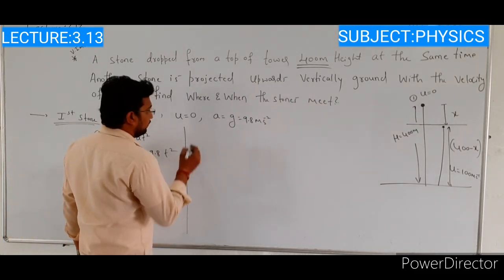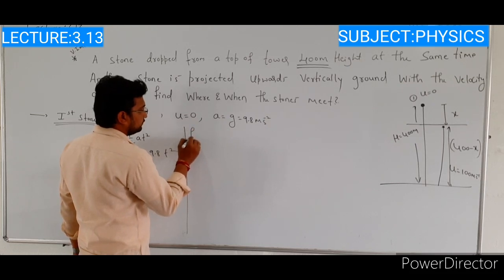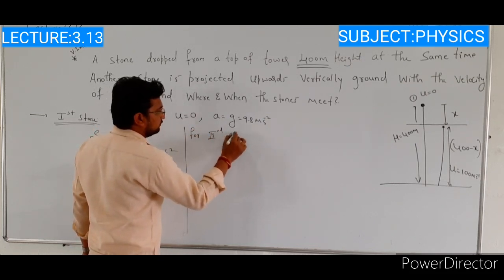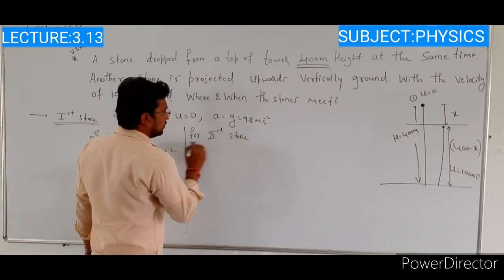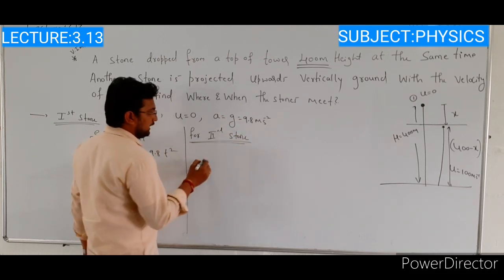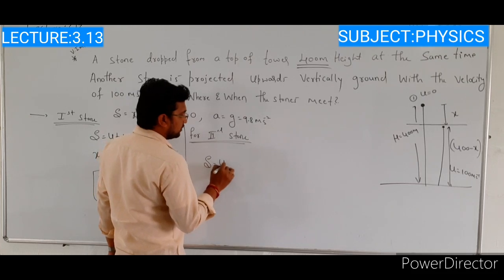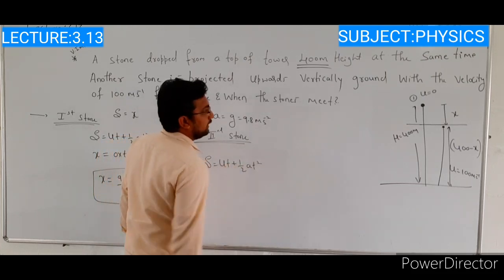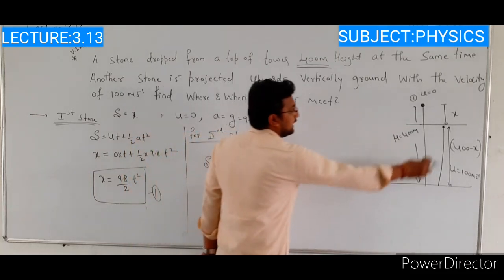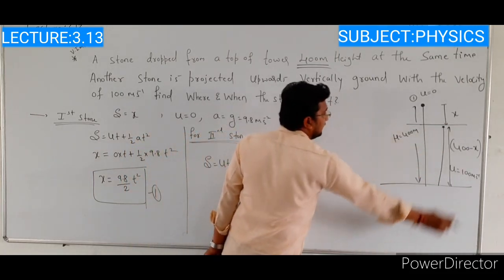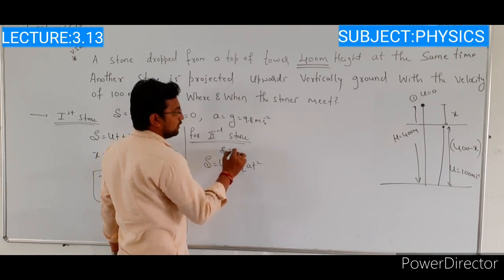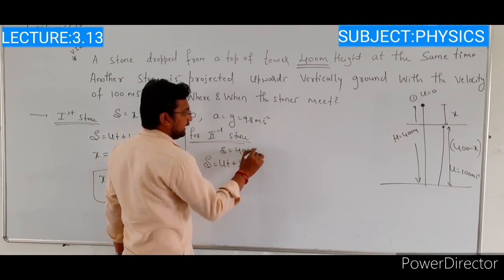The next one, for the second stone. Here again we use the same equation, s is equal to ut plus half a t square. The stone meets at this position, where the height is 400 minus x. So s is equal to 400 minus x.